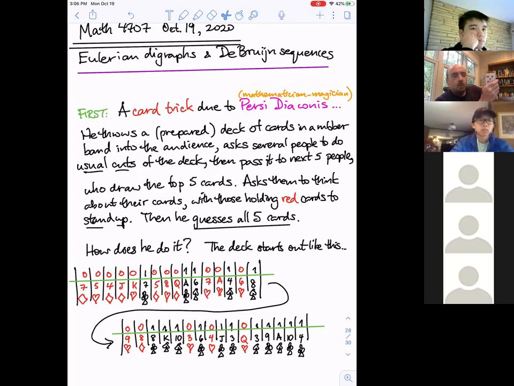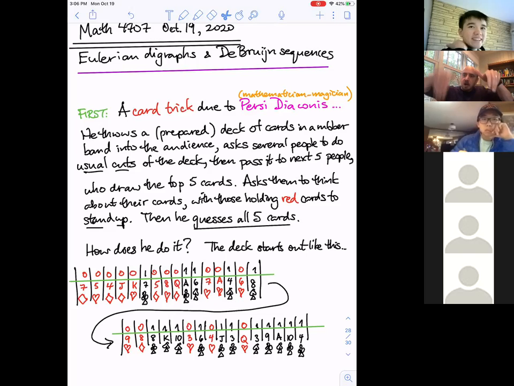Now, the first thing one has to realize is that even though he shuffled this deck, there are two ways in which Persi Diaconis can create a prepared deck that looks like it's been shuffled. One is a really interesting thing about him: he knows how to take a deck that he's already prepared and do a perfect riffle shuffle.